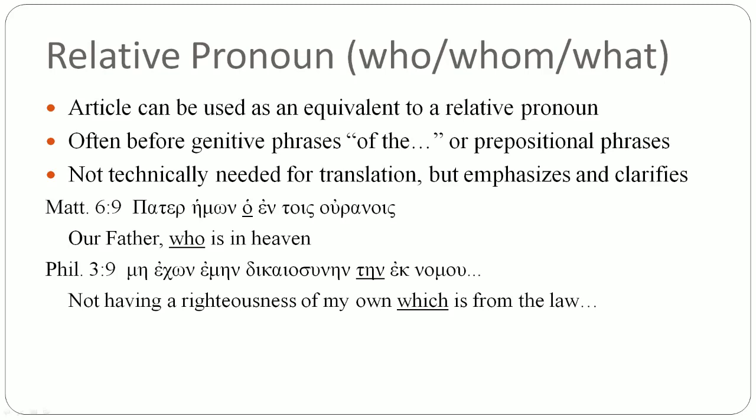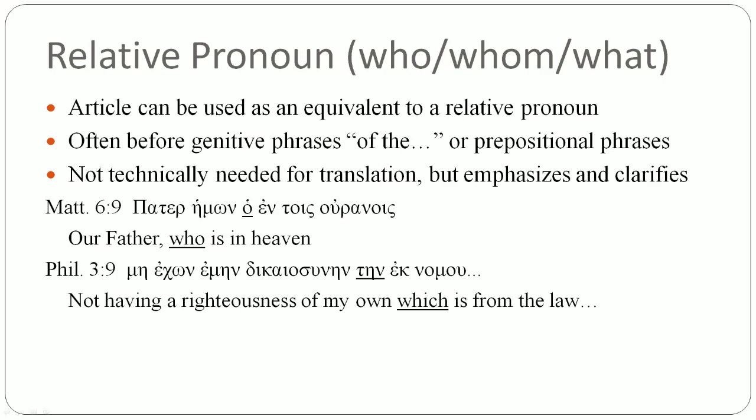Another way to think about this is to translate it with the definite article, but you can say the one. So our Father, the one in heaven, or not having a righteousness of my own, the one from the law. But that gets a little bit cumbersome, and it just doesn't sound right in English.